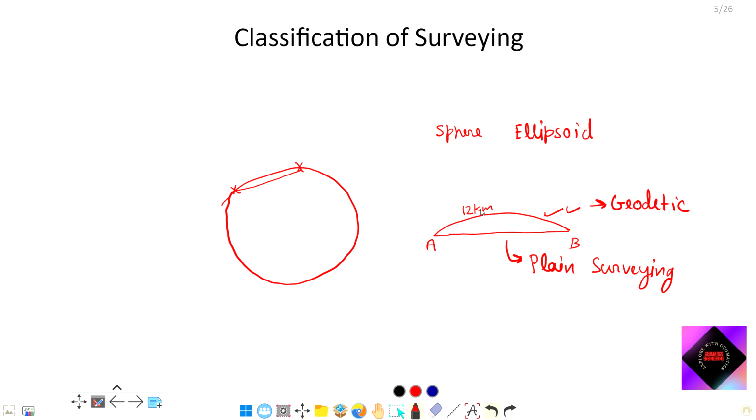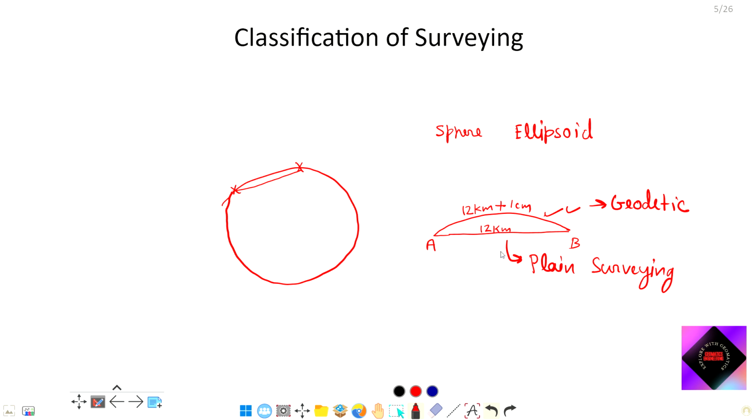For example, if the original distance is 12 kilometers plus 1 centimeter, but we plot it as 12 kilometers on the horizontal plane, the error is very small compared to the measurement. So most surveying is done as plane surveying because the error is very small.